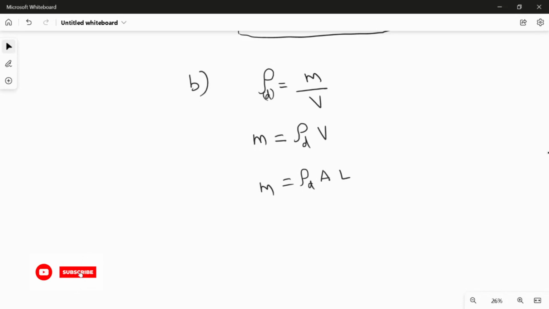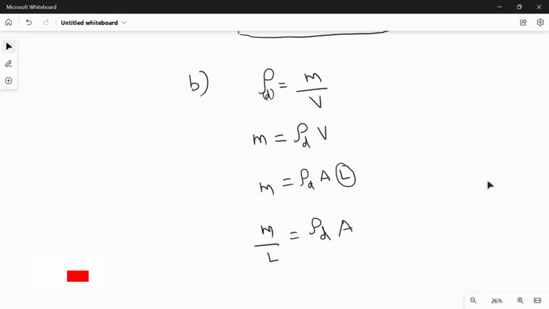And on the left hand side we have the mass. I'm going to move this L to the left hand side. By that we will get the mass per length, which is lambda. Here mass per length is nothing but the lambda. So M over L is equal to the density of the copper multiplied by the area.